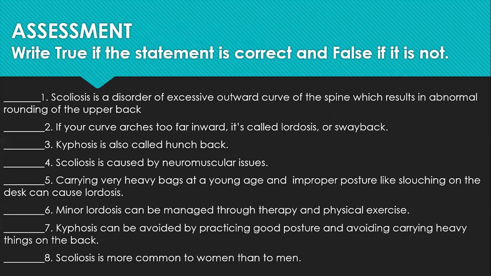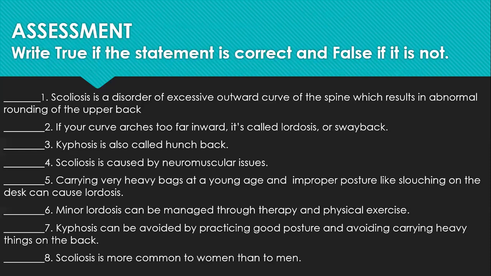Minor lordosis can be managed through therapy and physical exercise. 7. Kyphosis can be avoided by practicing good posture and avoiding carrying heavy things on the back. And 8. Scoliosis is more common in women than in men.